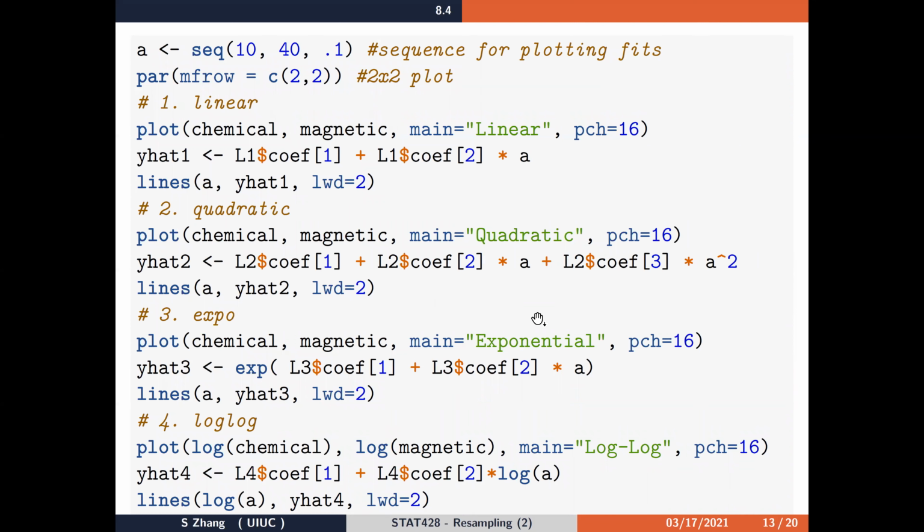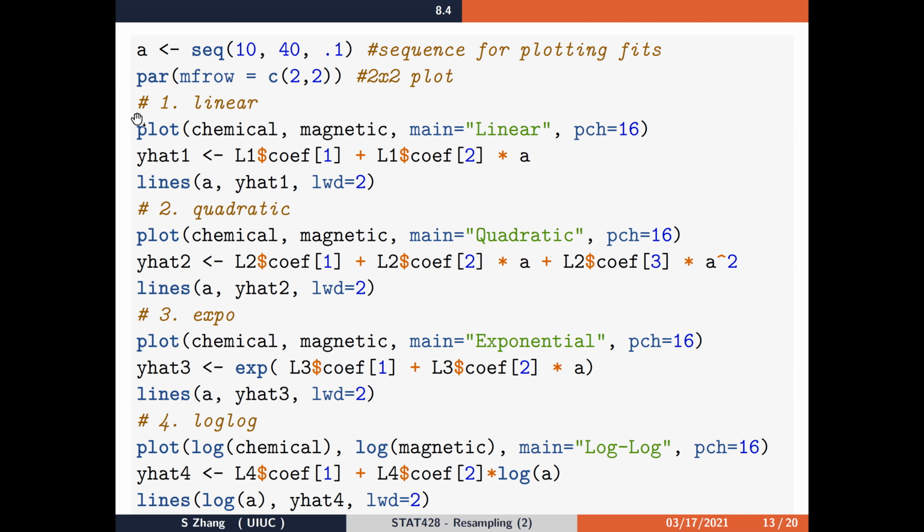So here's the code for plotting the fitted curves. I will just discuss this for the first case, the linear model, and you can look at the rest yourself. What we do first is create a sequence a of possible x values, again using the seq function. Then par(mfrow = c(2,2)) tells us that we're going to create a plot with 4 subplots organized in 2 rows and 2 columns.